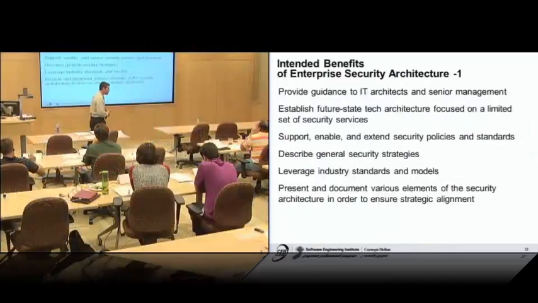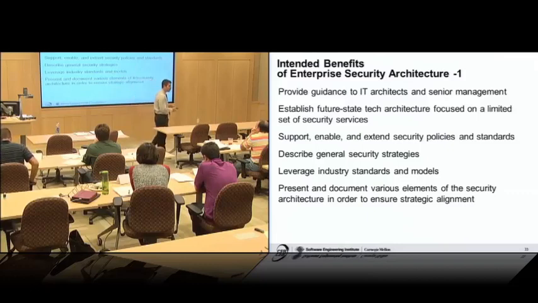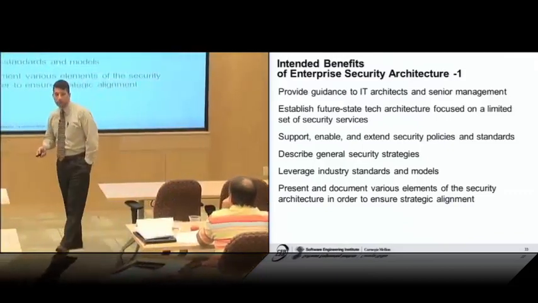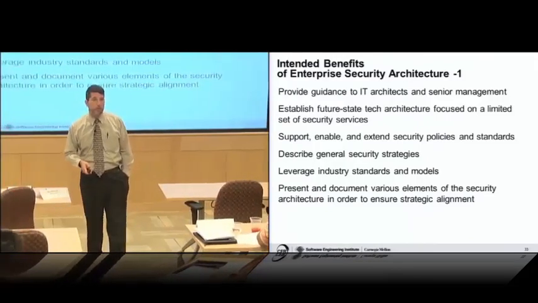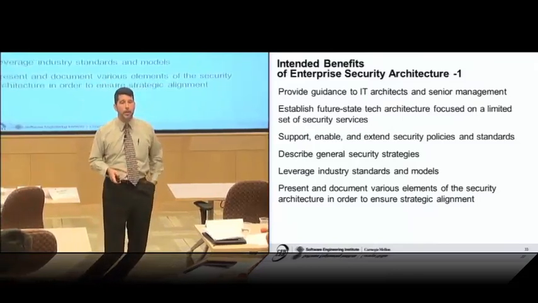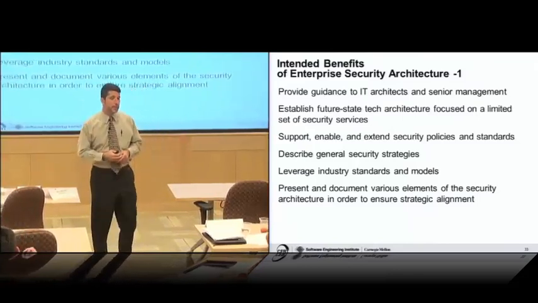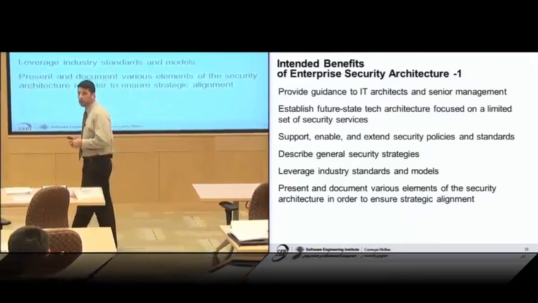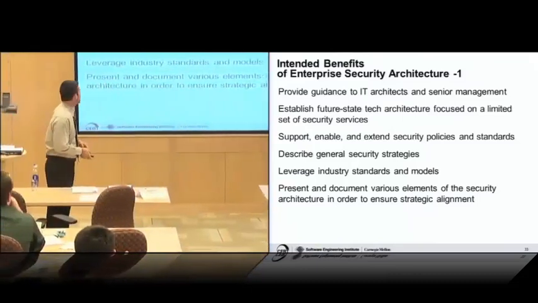What are the intended benefits of implementing an architecture over the entire enterprise? You want to help senior management come to the decision of what models to use, what controls to put in place. You want to be able to do that standardization because it is cheaper and you can make better cost-benefit analysis.